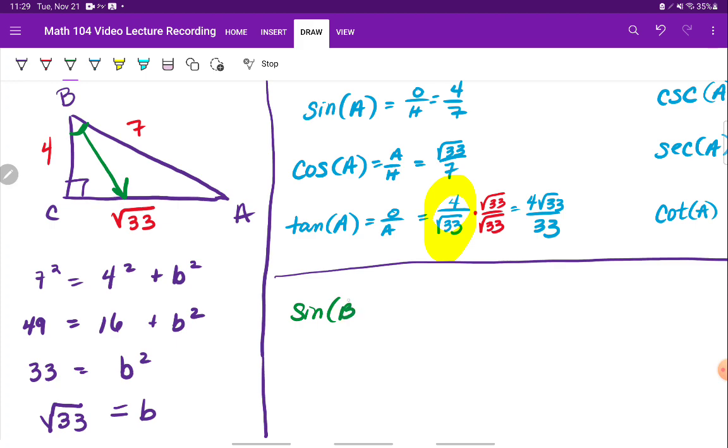Sine of angle B is going to be our opposite side, square root of 33, over our hypotenuse. Cosine of angle B, that's our adjacent side divided by our hypotenuse. That'll be 4/7.